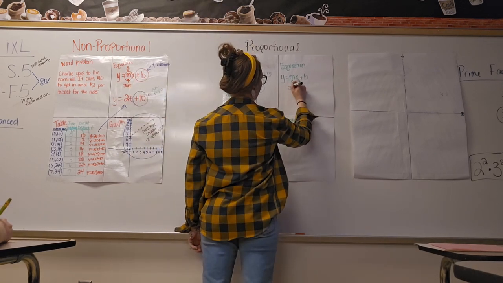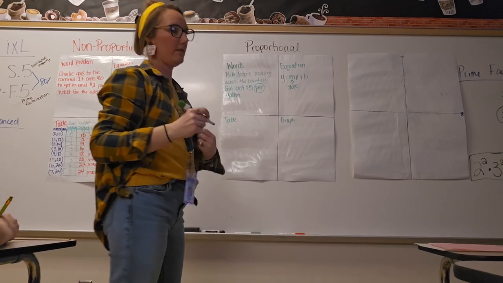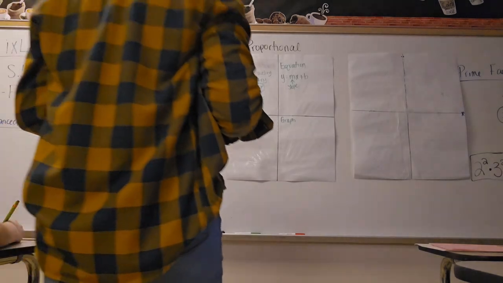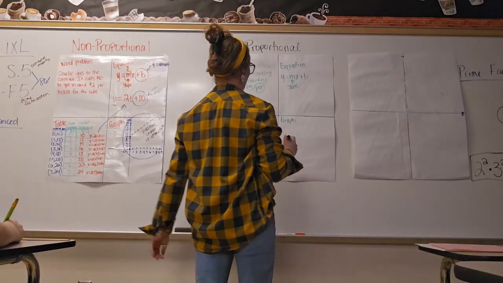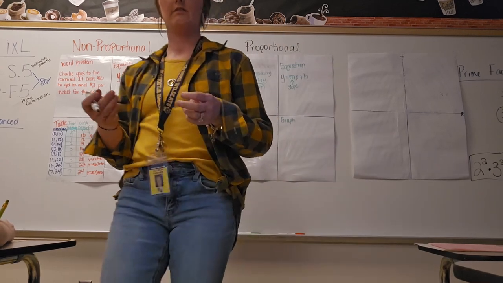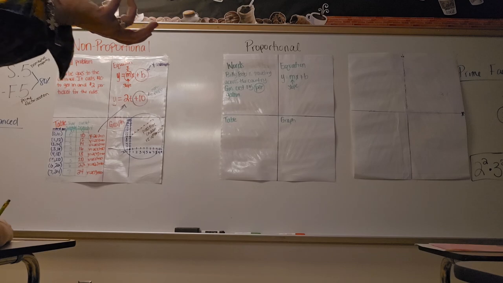This is going to be what is changing. So what is going to be changing? The cost per, well, how much we're spending, right? So the more gallons, the more gas we put in our tank, the more it's going to what? The more it's going to cost, right?